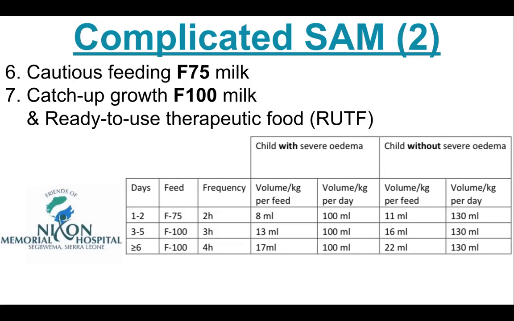And then starting from day 6, we can decrease the frequency to every 4 hours, but the volume per kilogram per day is still 130 ml. And if ready to use therapeutic food is available, which is pumpkin nut, we can also use pumpkin nut.